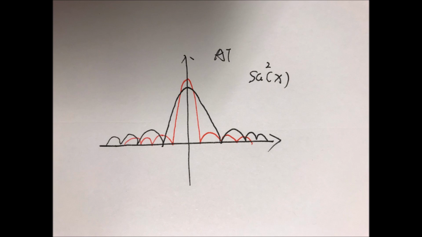From the black one to the blue one to the green one, it becomes narrower and narrower, sharper and sharper. And finally, when T goes to infinity, I get an impulse.